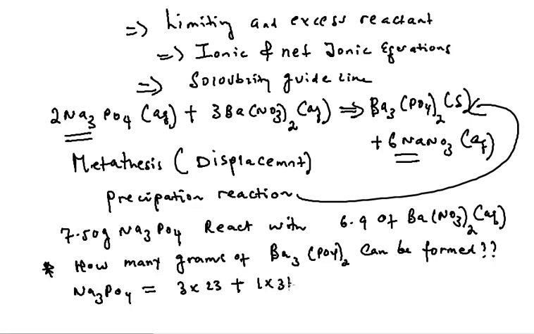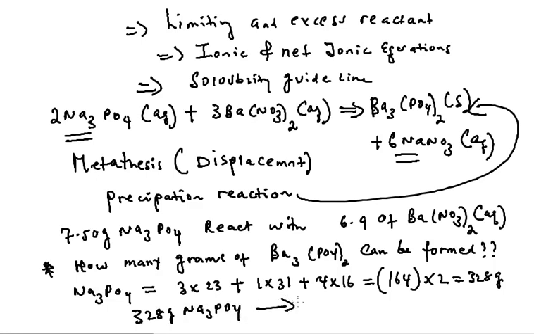Phosphorus would be 1 times 31, and oxygen will be 4 times 16, and that will give you sodium phosphate about 164, but we have to multiply by 2, because we have 2 formula units of sodium phosphate, so that would give us about 328 grams.